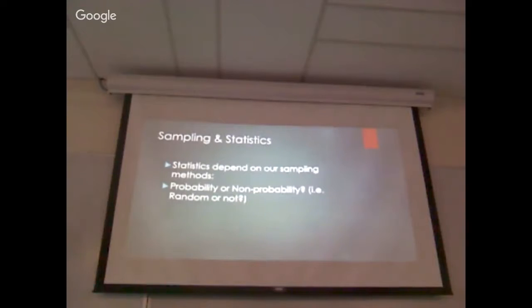Anyway, statistics depends on our sampling method, probability or non-probability. Is it random or is it not random? Now, one of the things I can tell you as somebody who's done quite a bit of research on campus is we do a lot of this non-probability type sampling. What that means is that when I recruit people to participate in my research, it isn't a perfect random sample of the population.